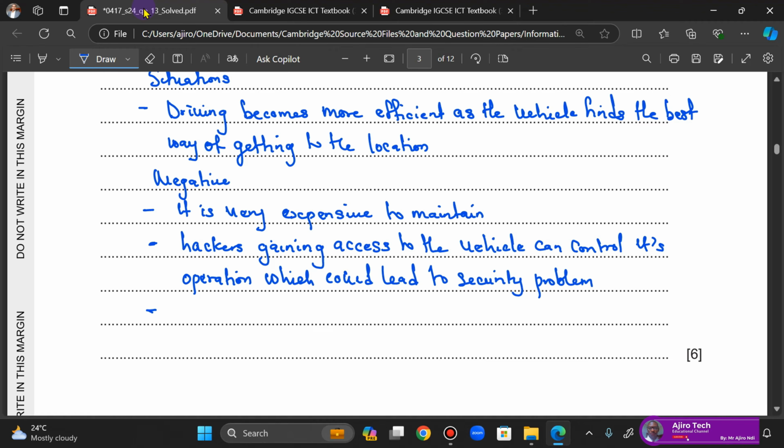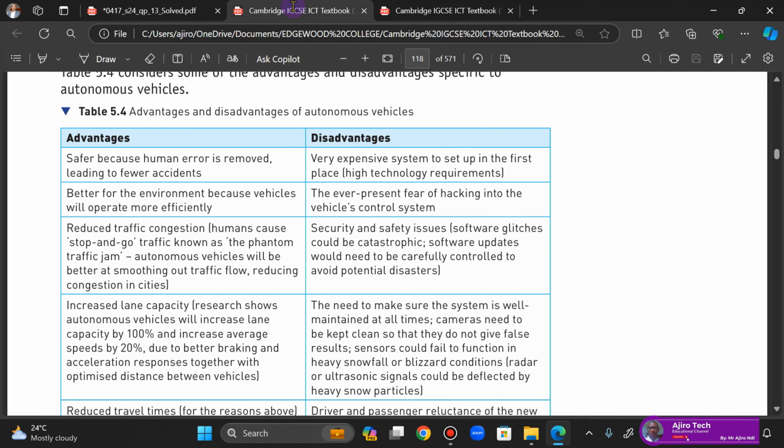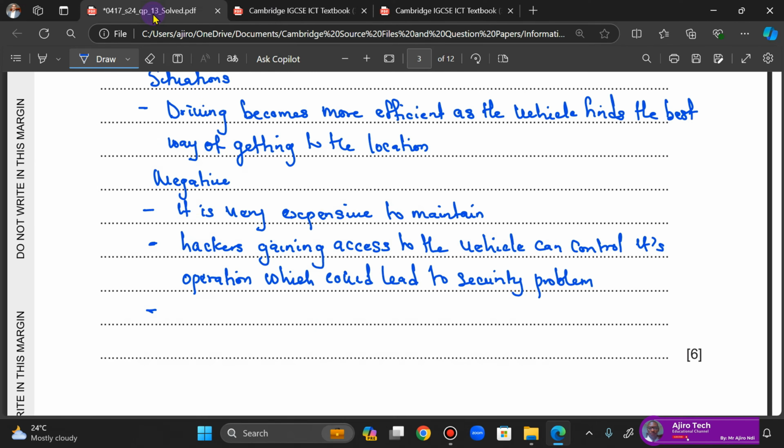And again, the drivers must remain alert if needed. You have to remain alert because there could be software glitches, which could be catastrophic. Not just because it's driverless and then you leave it all to the technology.